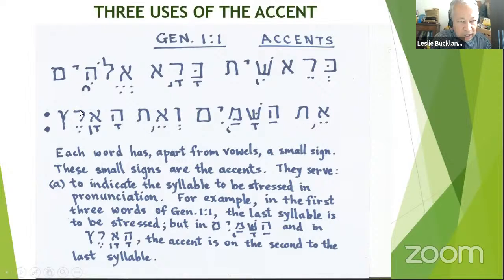We find that retz is the last syllable, but on the syllable immediately before it, there is an accent mark indicating that I should slow down and pause a little bit before pronouncing the last syllable, haaretz, haaretz. So the emphasis is on the syllable immediately before the last syllable.